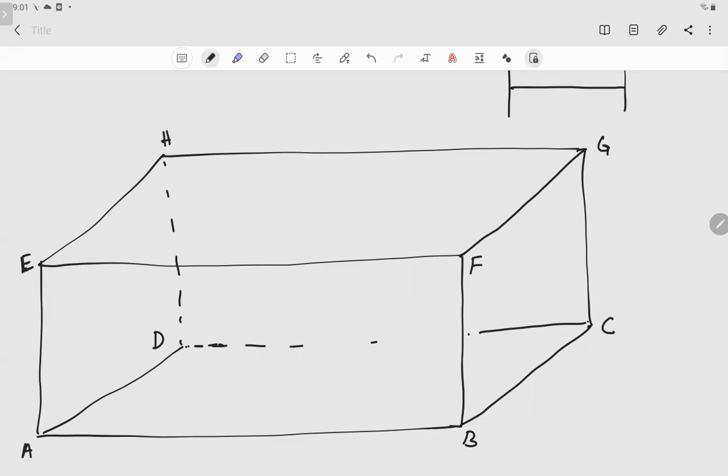Whereas AEHD is a vertical wall, HGCD is also a vertical wall, and GFBC is also a vertical wall. And ABCD is the floor, and EFGH is the ceiling.